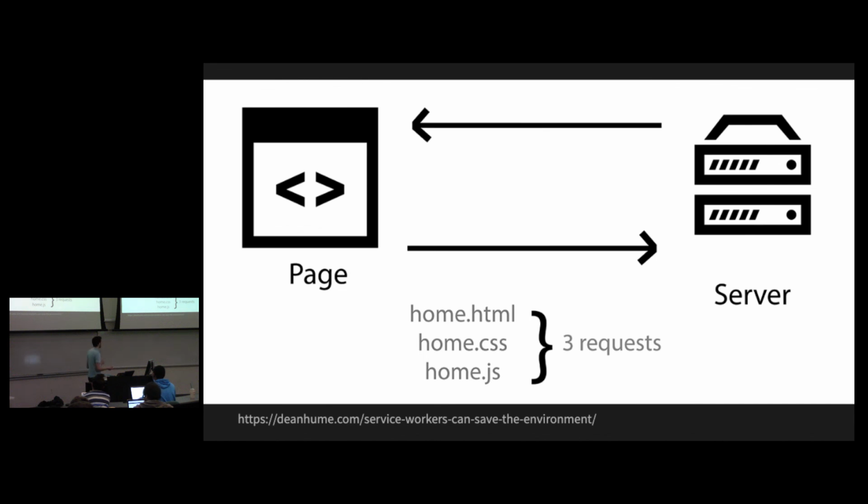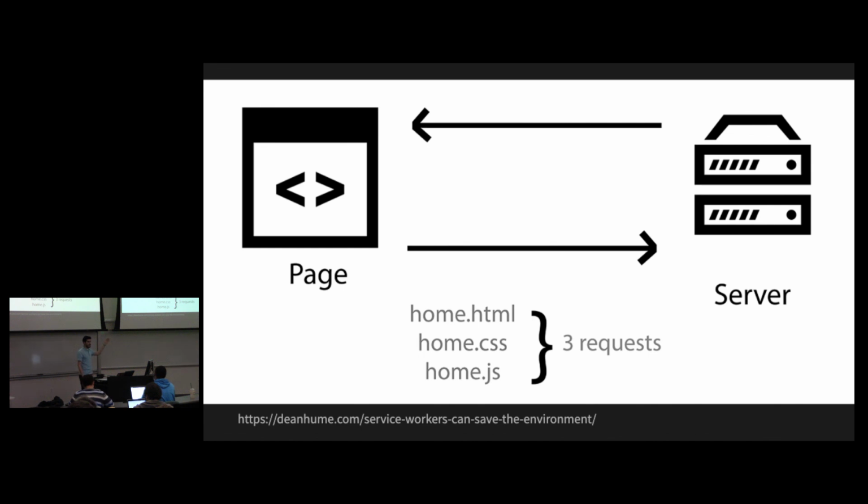This is the classical way to render your page, to get your resources and have your web application. If you see in this diagram here, you have your page and there's your server. You need 3 HTTP requests.